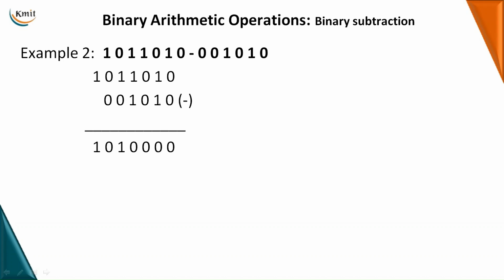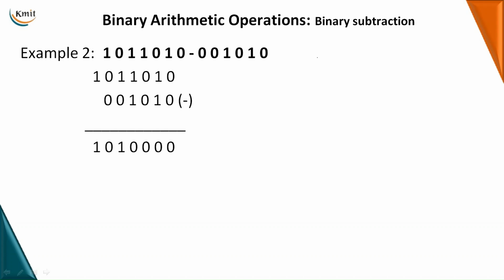Next 1 minus 1 is 0. Next 0 minus 0 is 0. 1 minus 1 is 0. 1 minus 0 is 1. 0 minus 0 is 0. And 1 minus 0 is 0. So this is a subtraction.